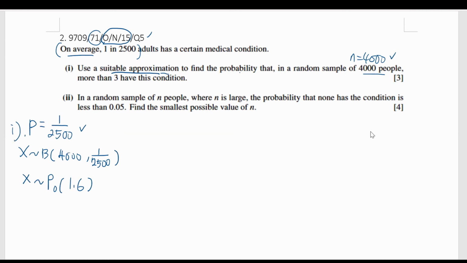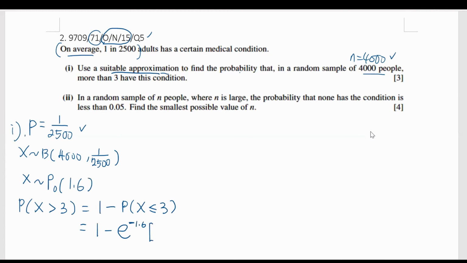To answer part 1, the probability that more than 3 have this condition. So we're looking at the probability that the number of adults with this medical condition is more than 3. Similarly, we take 1 minus the probability that x is less than or equal to 3. So 1 minus e to the power of negative 1.6, referring to the formula.